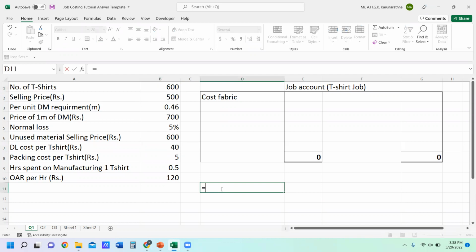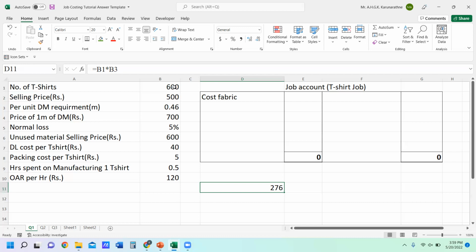Accordingly, 276 meters of fabric must be consumed to produce these 600 t-shirts, while per t-shirt required material is 0.46.